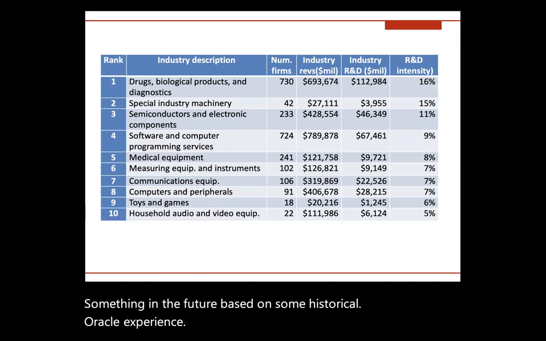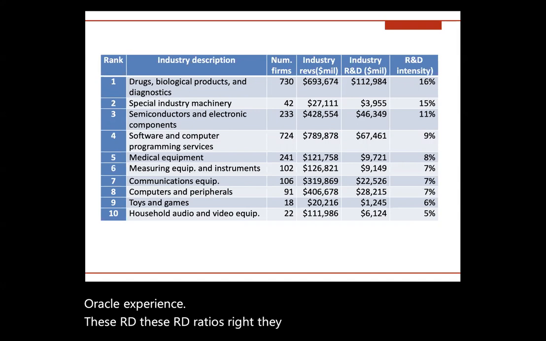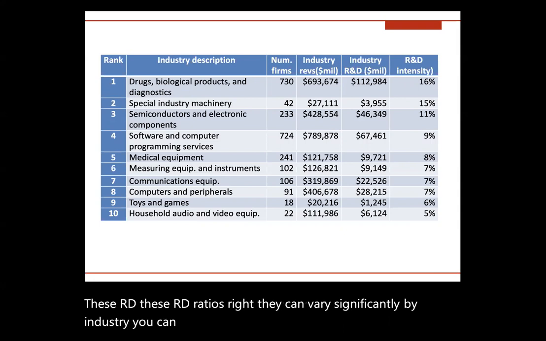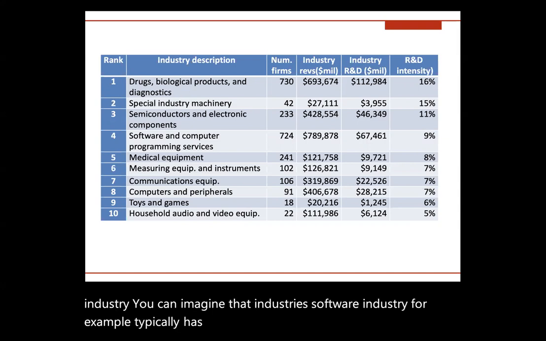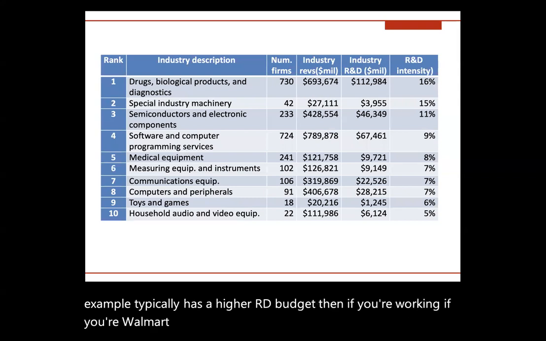These R&D ratios, right? They can vary significantly by industry. You can imagine that the software industry, for example, typically has a higher R&D budget than if you're working in Walmart, or your grocery store.